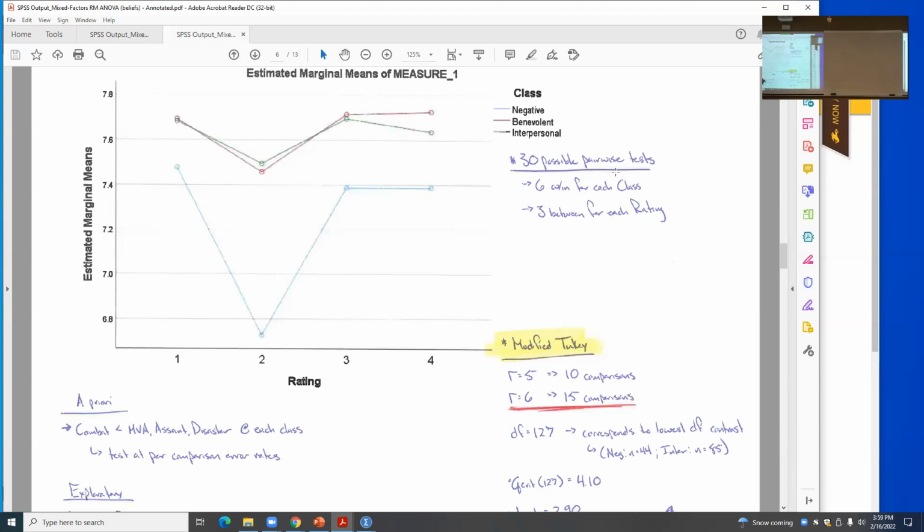And so what I'm going to do a priori is look at the within-subject contrast of combat versus the combination of accident, assault, and disaster across each one of these. And because I've said a priori that this is why I'm doing this whole thing, I'm going to run each one of those at per comparison error rates. So, okay, just 0.05s.